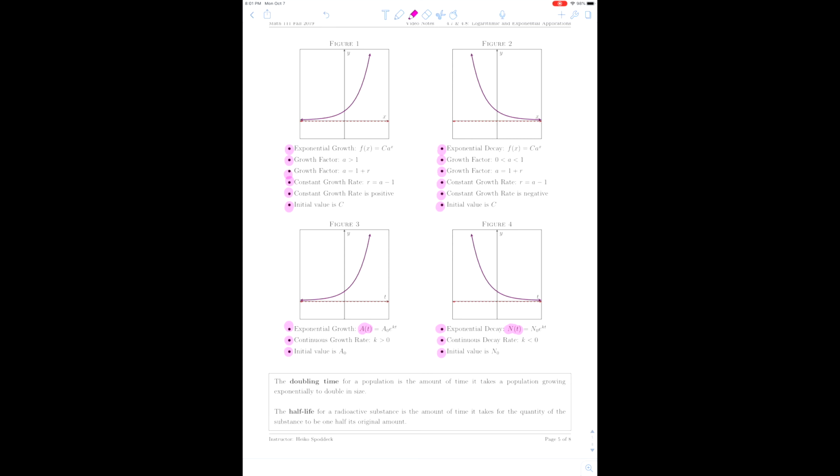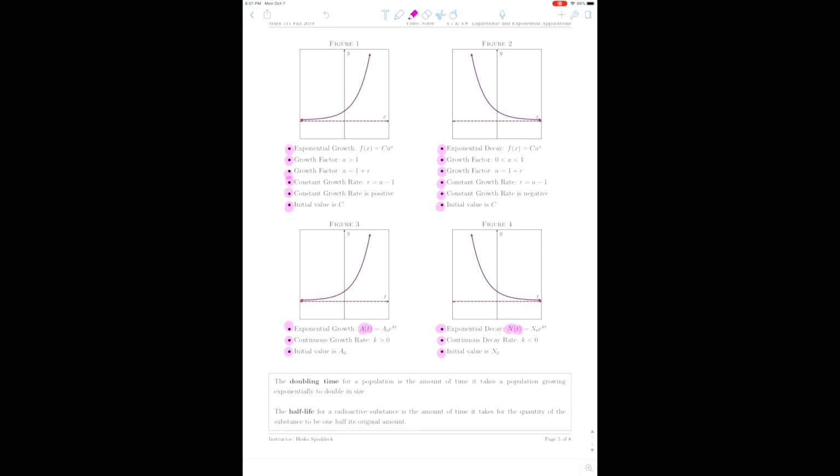And that is also the reason that we use a lot the ln, because our basis is e. In order to solve for our time, or we also will be solving for our continuous growth rate, we need the ln in order to get to the exponent.